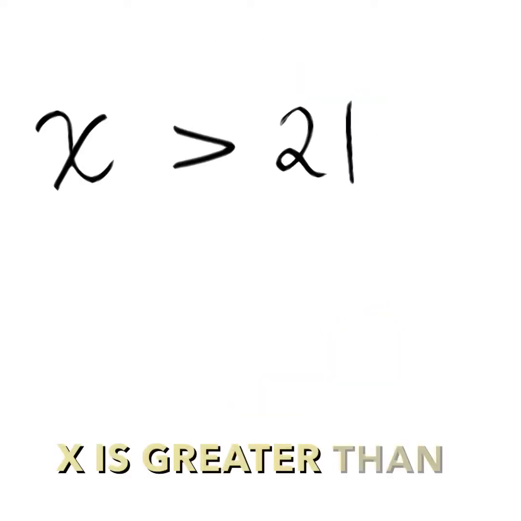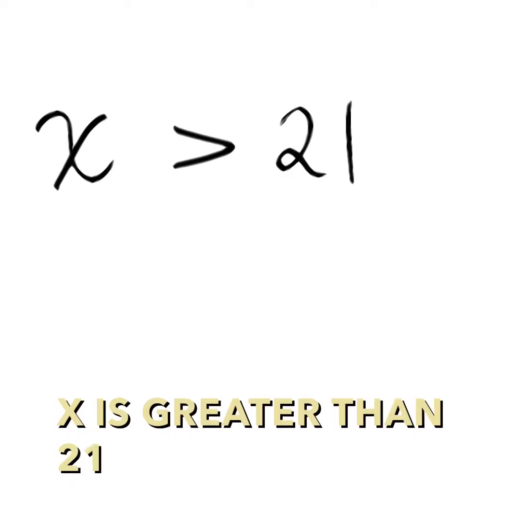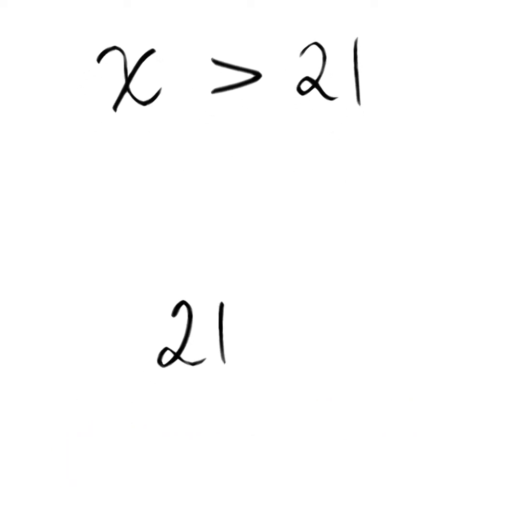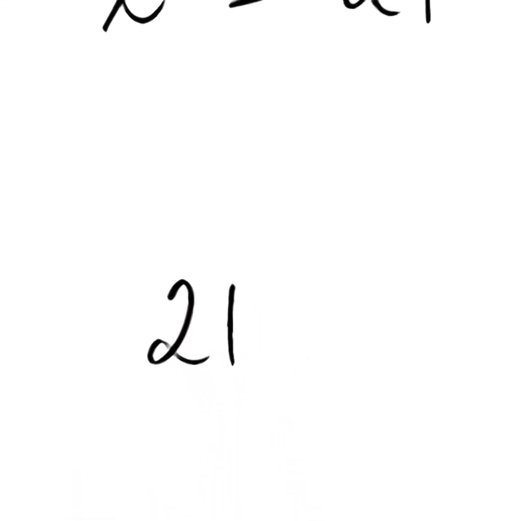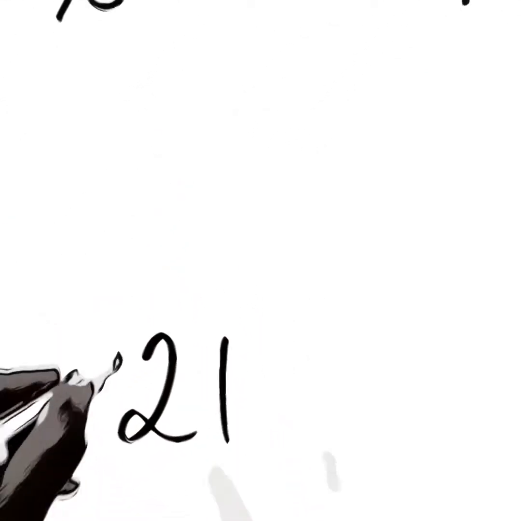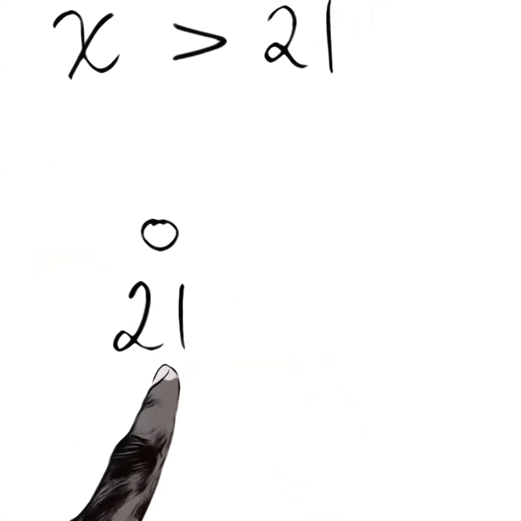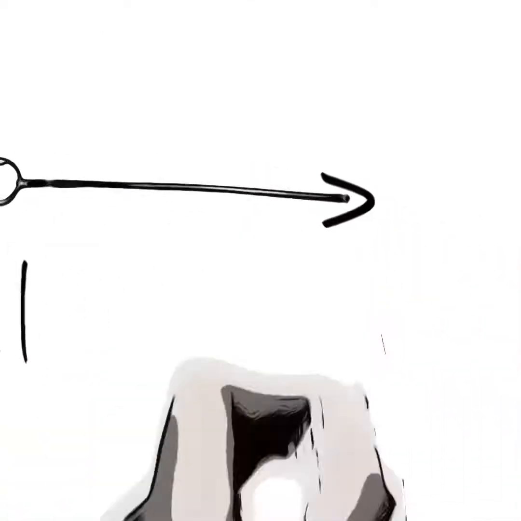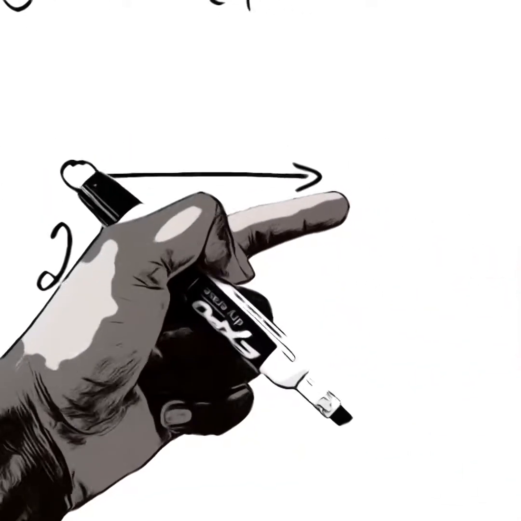X is greater than 21. All right, so if X is greater than 21, we know 21 is the number that we're gonna focus on. And because of this symbol, we have to open that circle. Everything greater than 21 is in this direction. So that's why I shade or I draw my arrow to indicate that direction.